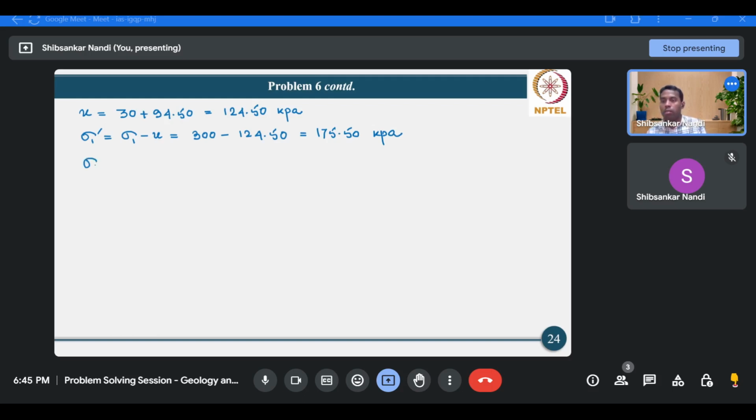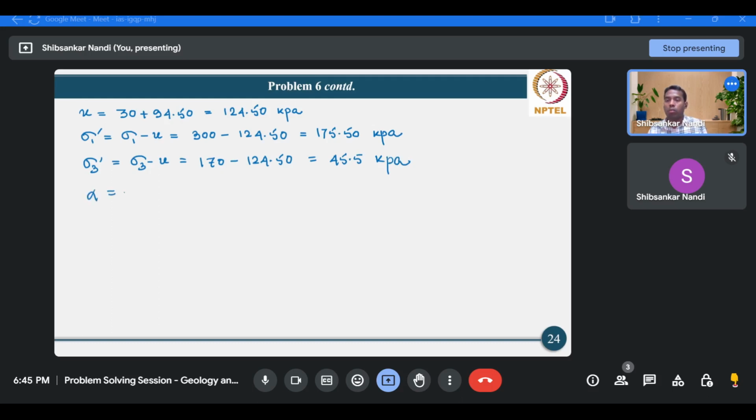And sigma 3 prime is sigma 3 minus u, that is 170 minus 124.50, which is 45.5 kPa.